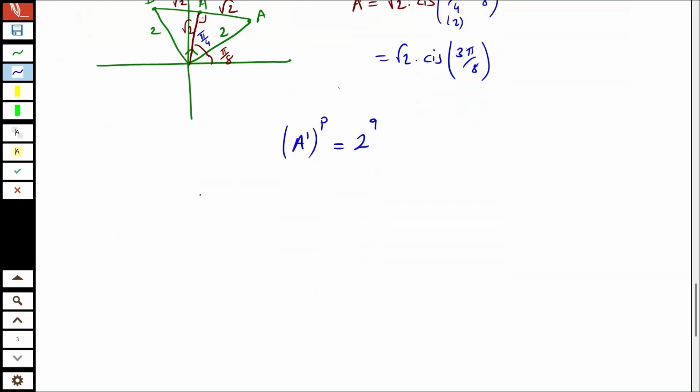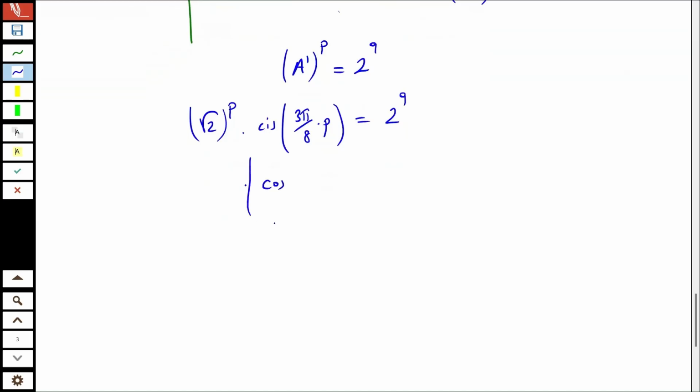From here, you can write square root of 2 to the power of P, cis 3 times pi over 8 times P from De Moivre's theorem. And this needs to be equal to a power of 2.